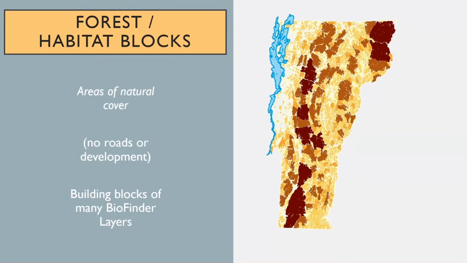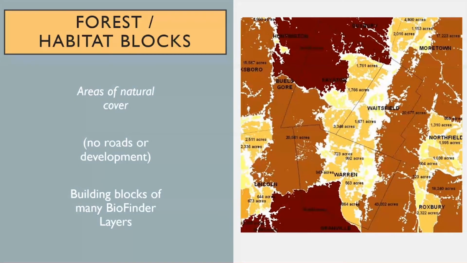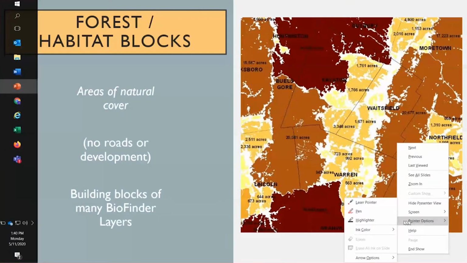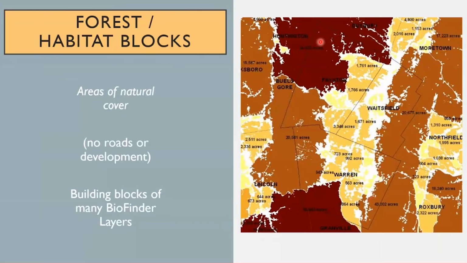I'll just zoom into an area in the Mad River Valley. Jim Edgecombe, this is for you, and you'll see this pattern of these large forest blocks here in the Camel's Hump block, and then the Northfield Range here along the side.